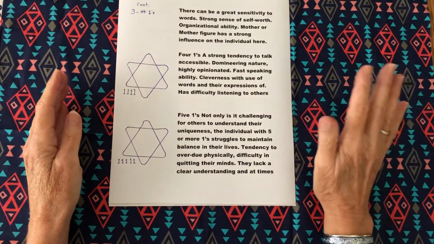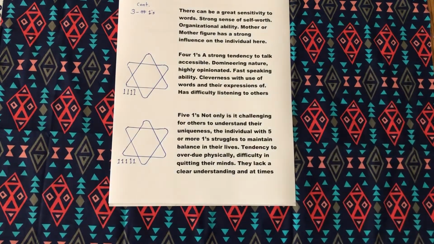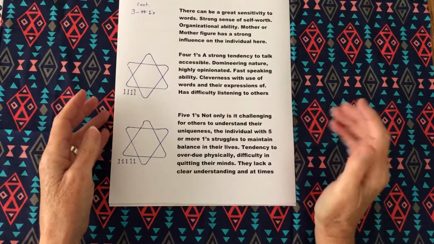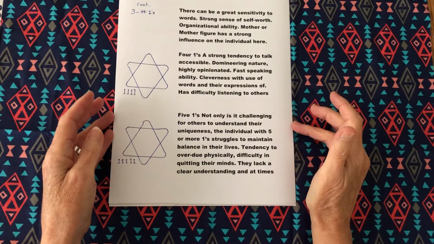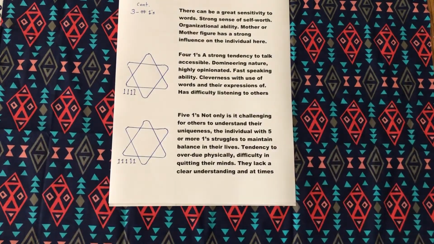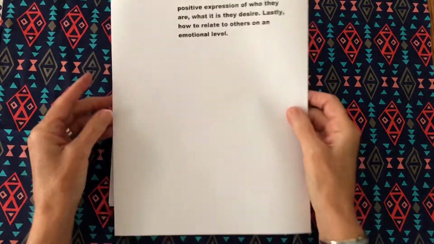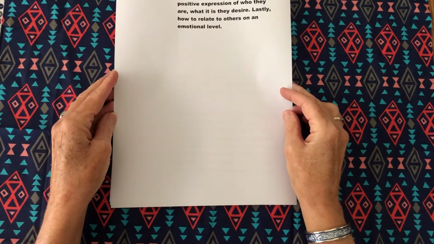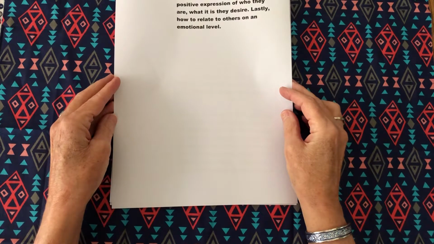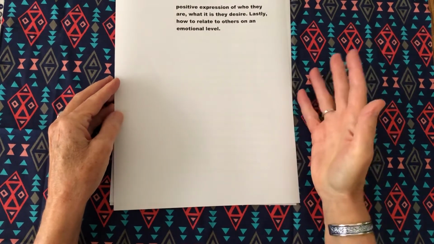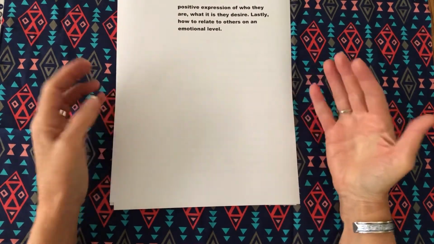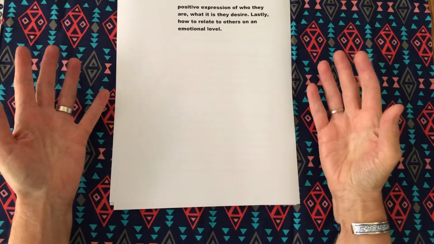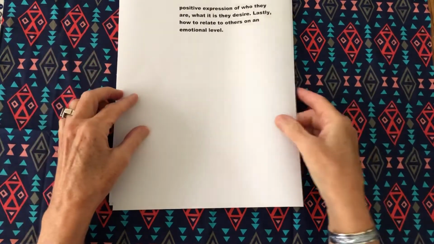They lack a clear understanding at times, and at times lack a positive expression of who they are, what it is they desire, and then lastly, how to relate to others on an emotional level.